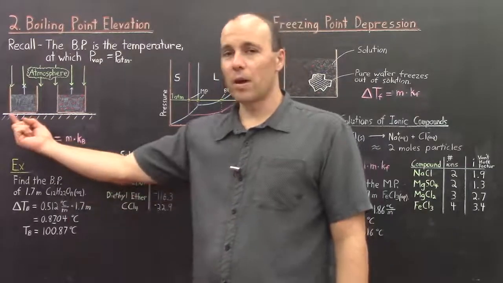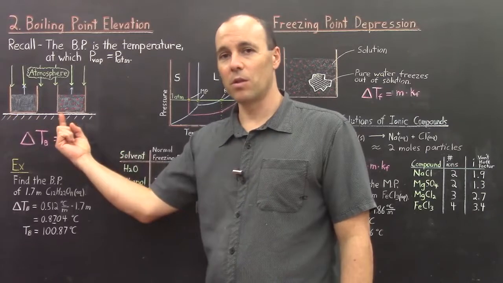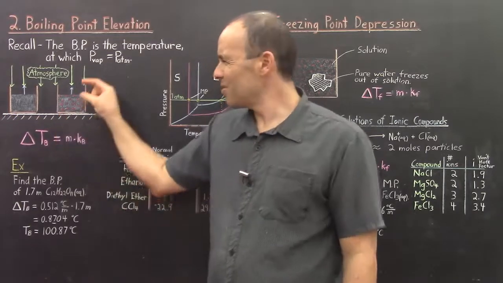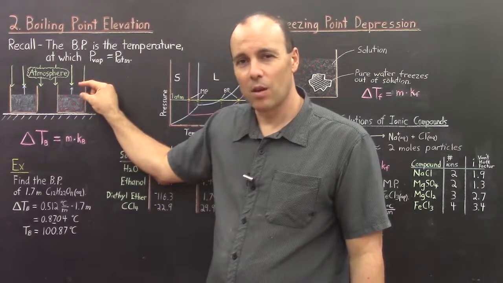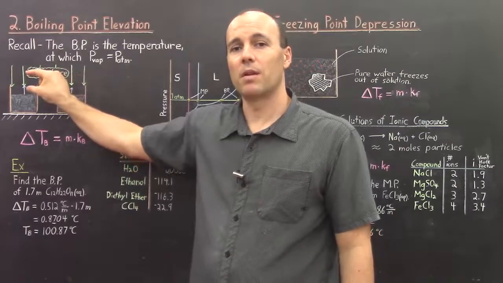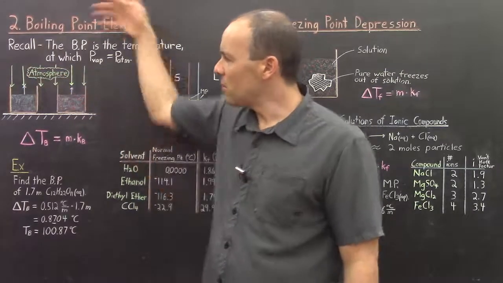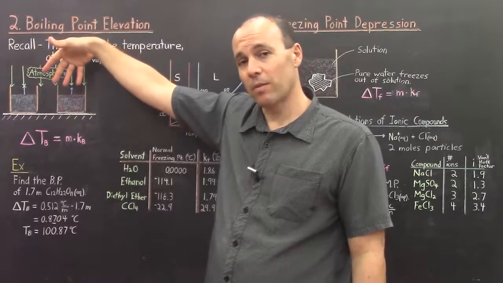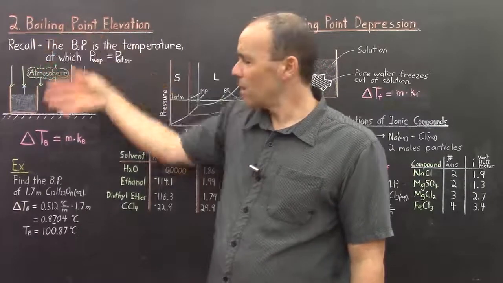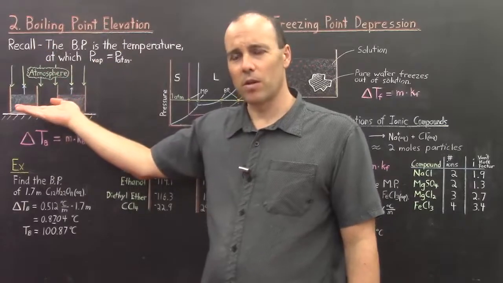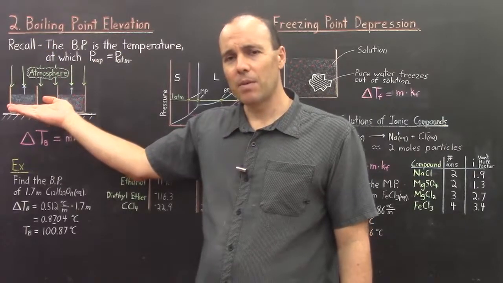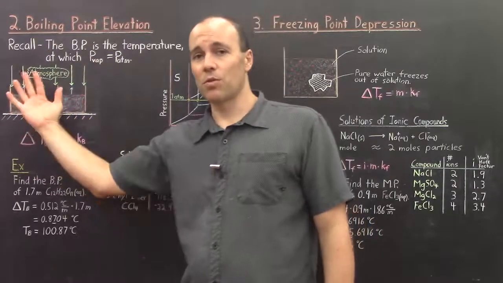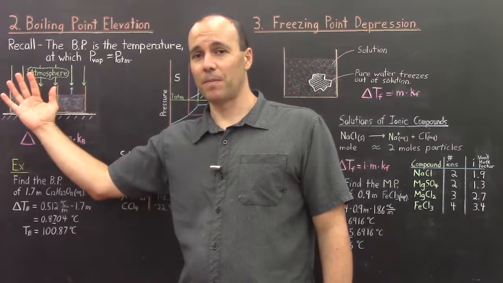We have pure water on the left and a solution on the right. The solution will always have a lower vapor pressure than the pure solvent. Meanwhile, the atmosphere is always pressing down with a pressure of about 1 atmosphere. If we wanted to boil these two liquids, we'd have to heat them up in order for their vapor pressures to reach 1 atmosphere.